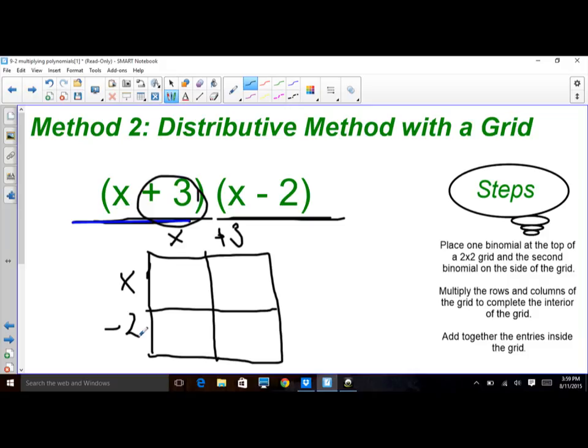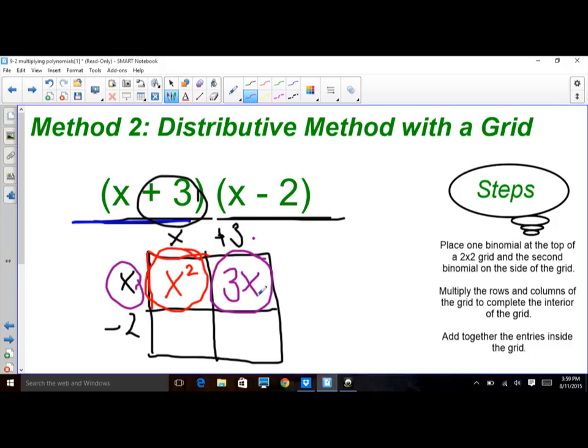Now you're going to multiply the rows and the columns of the grid to complete the interior of each. And I'll show you what that means. If you take a look at this first box, this first box is an x by x box. x times x, we get x squared. Let's keep working our way around. I'll keep it color coordinated so it's a little easier for you to see. Now I'm looking at the top right box. Its dimensions are x by 3. 3 times x gets us 3x.